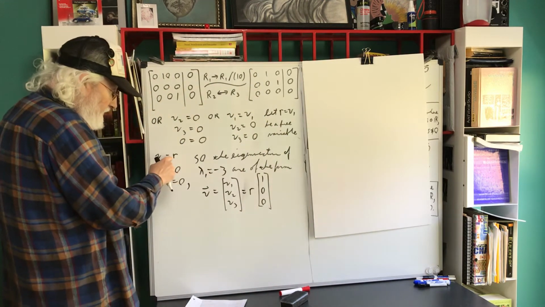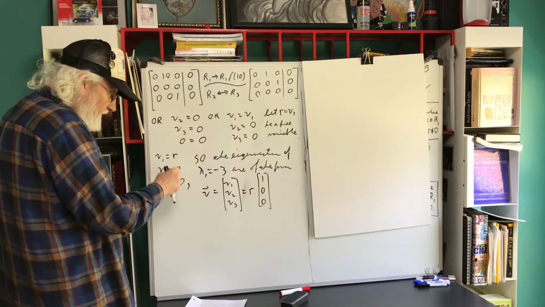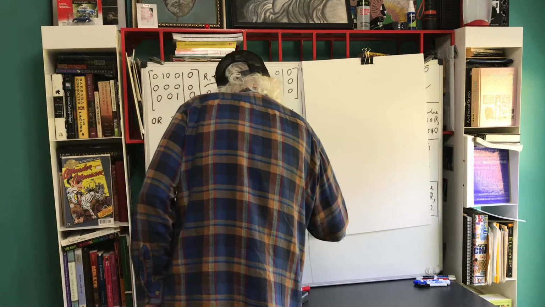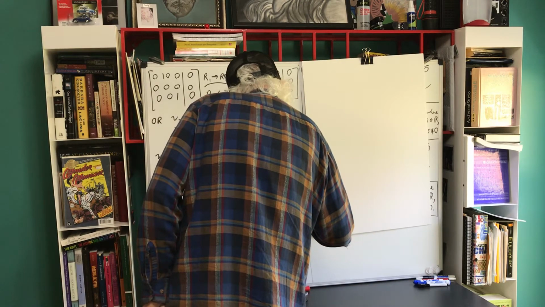Pick off the scalar coefficients of R. There's one R here, 0 R's there, 0 R's there. Where R can be any real number. Oh, except 0.